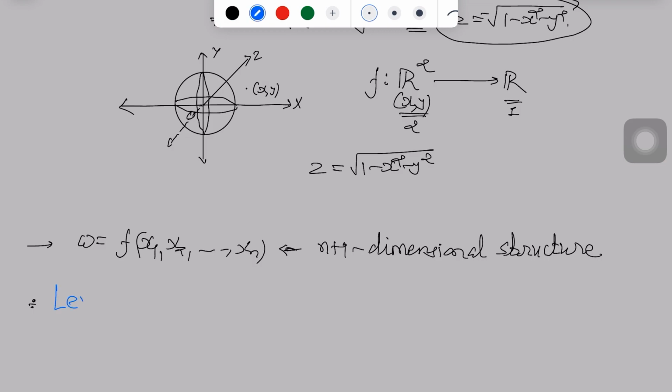So now let us define level surface. What is a level surface? We shall discuss this with a particular example also.